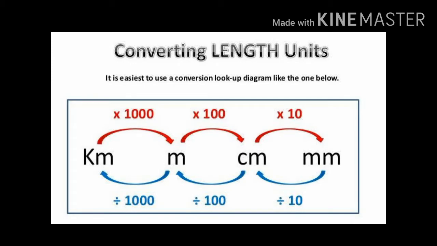We will divide the value by 10 to convert it into centimeter, then divide the same value by 100 to convert into meters, and then divide the answer by 1000 to get the value in kilometers.